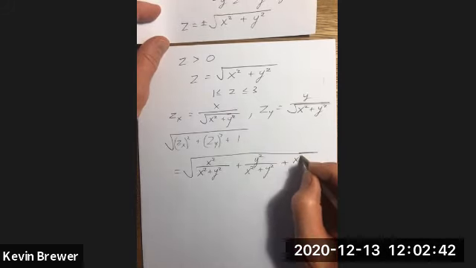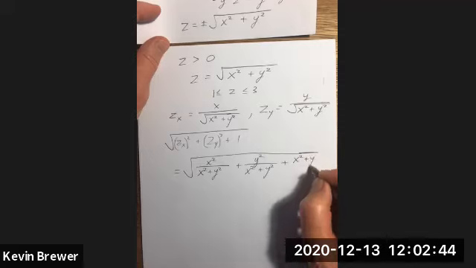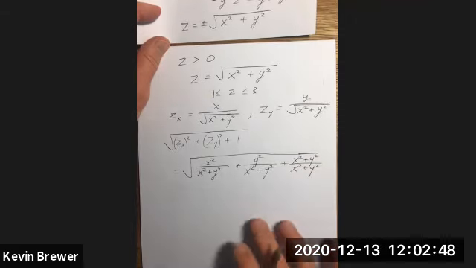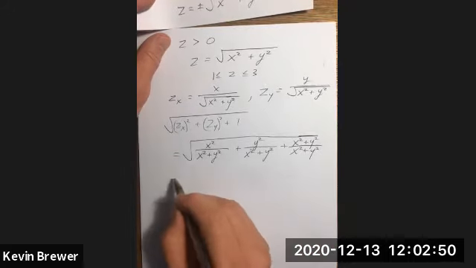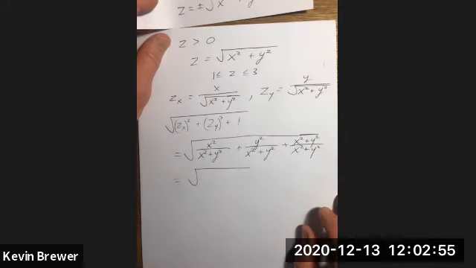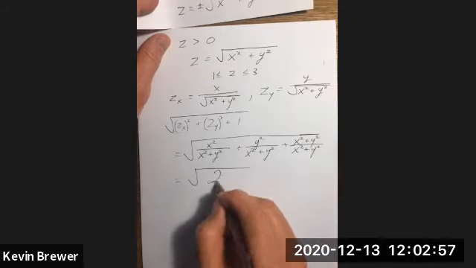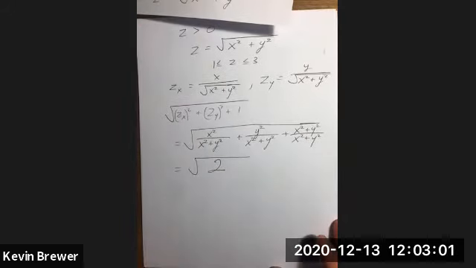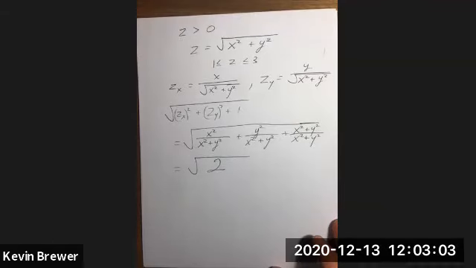So I'm going to write that as x squared plus y squared over x squared plus y squared. How about I just let you play around with the simplification there. You end up getting square root of 2 out of all this.